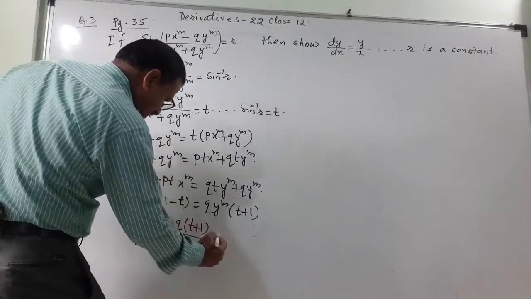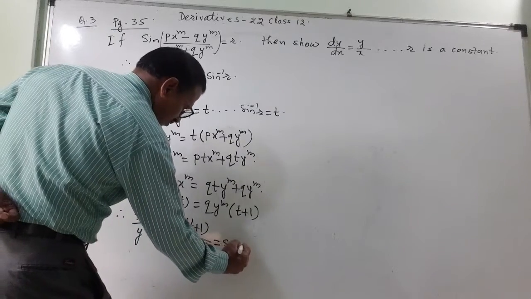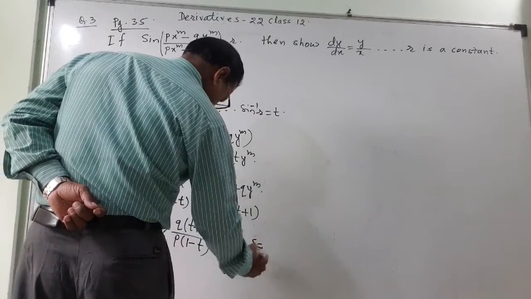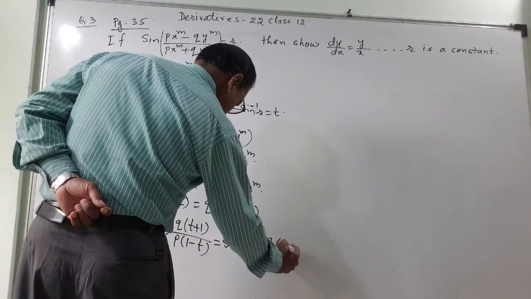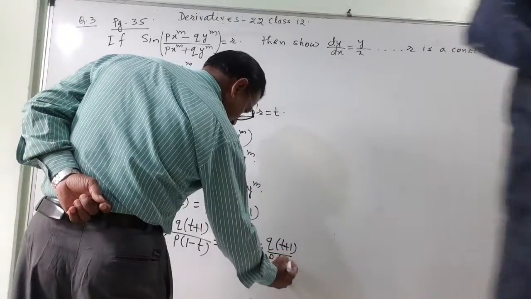Let us call this s. So s is equal to q(t + 1) upon p(1 − t).